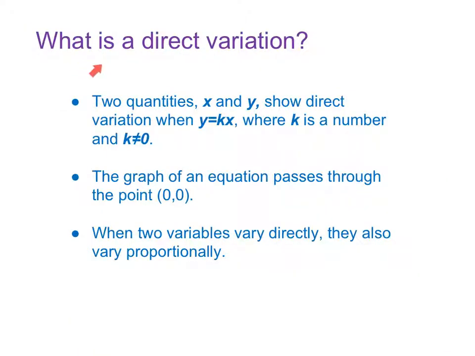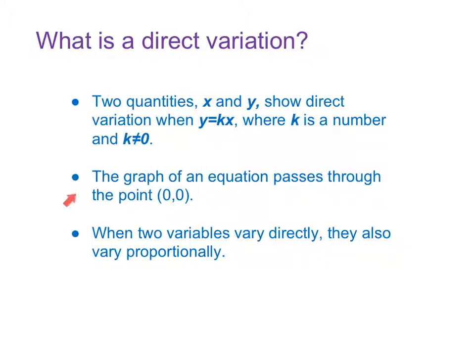What I just demonstrated was direct variation, and direct variation occurs when two quantities, x and y, follow a rule where y is equal to some number, k, times x, and k cannot be equal to 0, otherwise y and x will not vary directly.